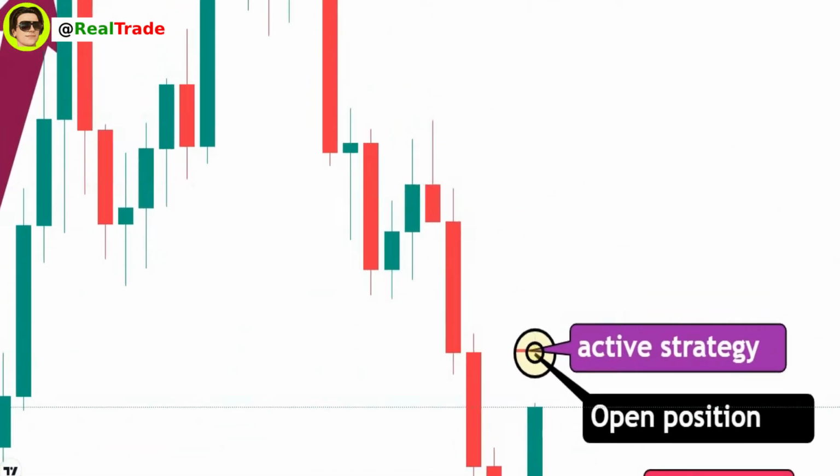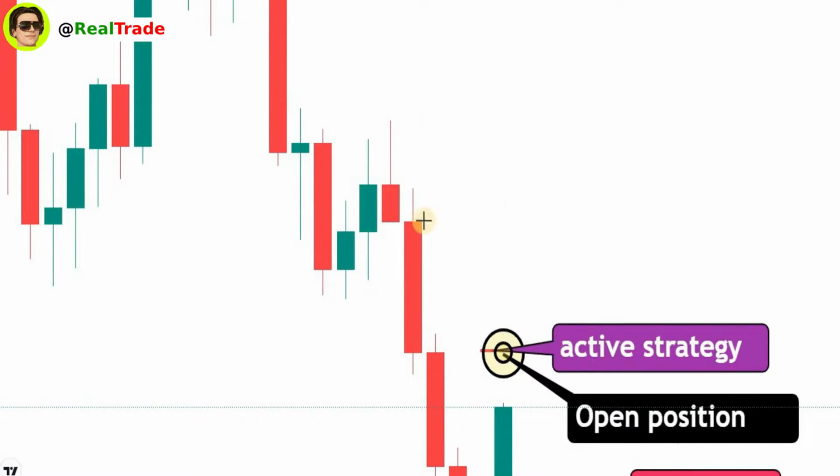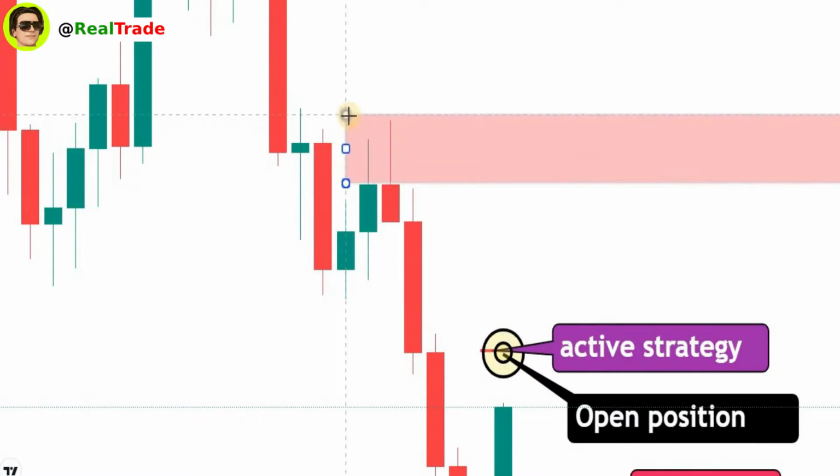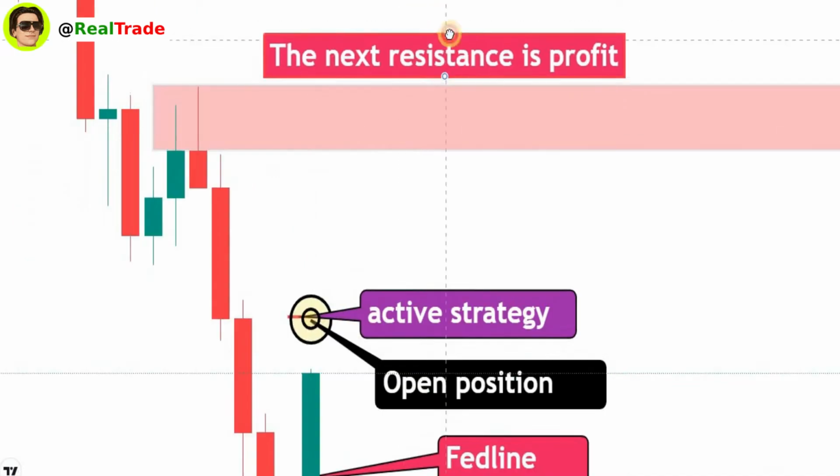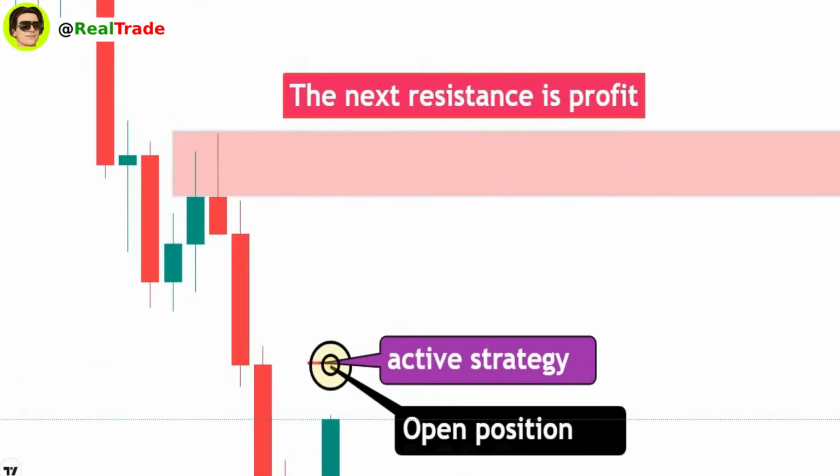This area is a take a profit. Local resistance. Yes, the next resistance is profit. This area is take a profit.